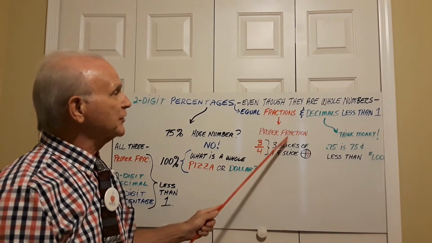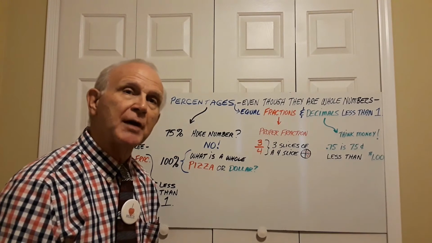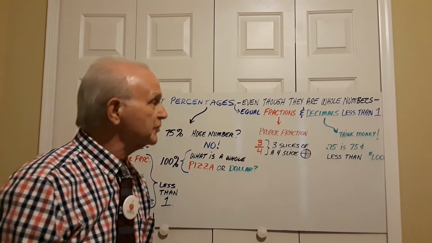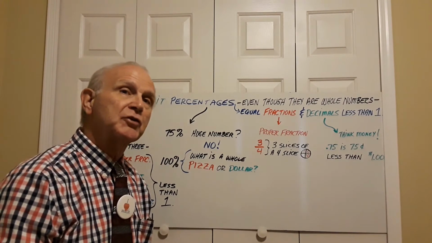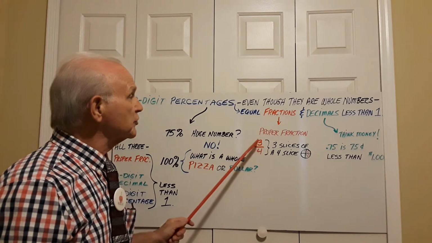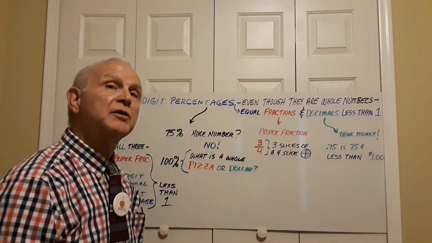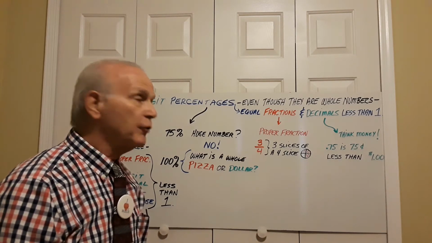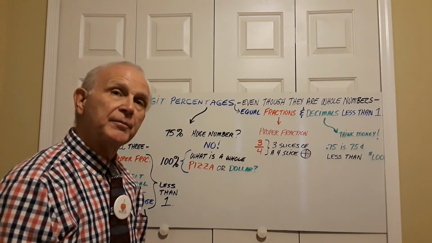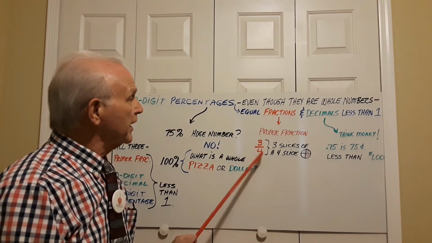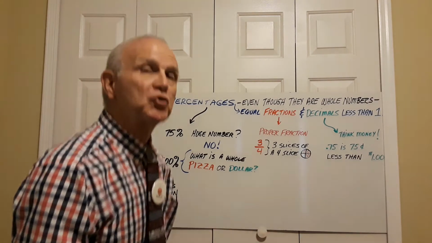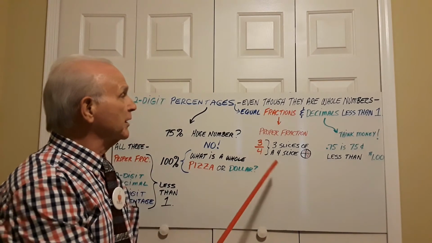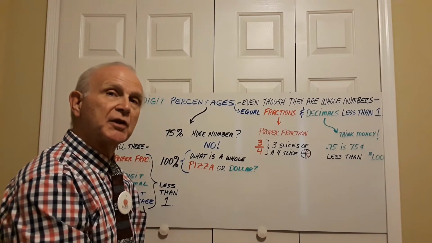A proper fraction has to be proper, not improper. Everybody watching this knows a proper fraction means a fraction in which the numerator is smaller than the denominator and therefore is less than 1. Okay? And the way we can describe a proper fraction is with pizza.